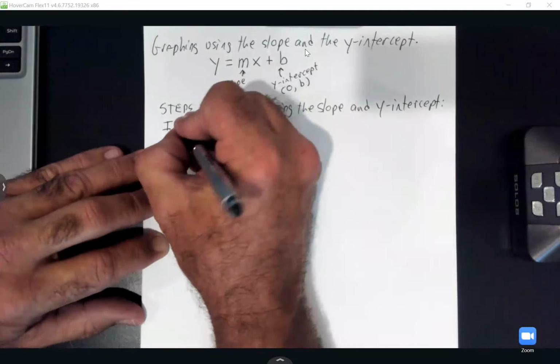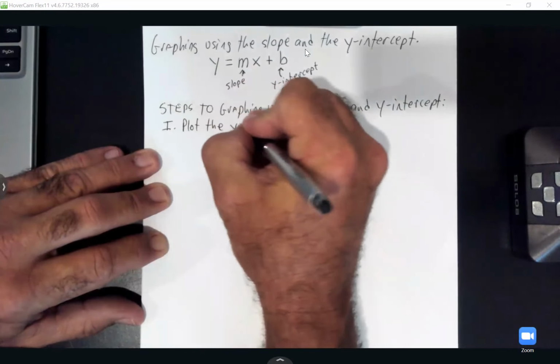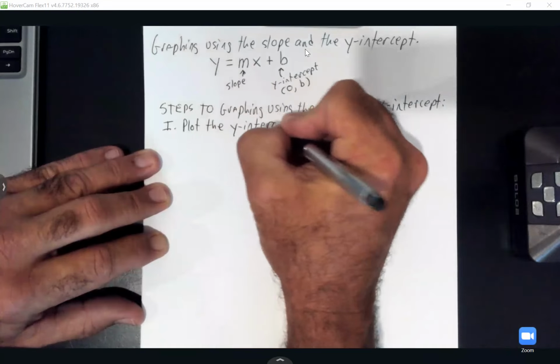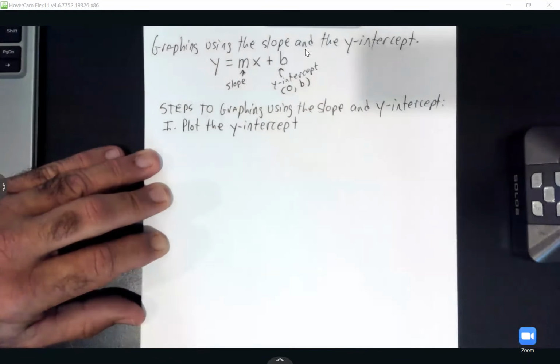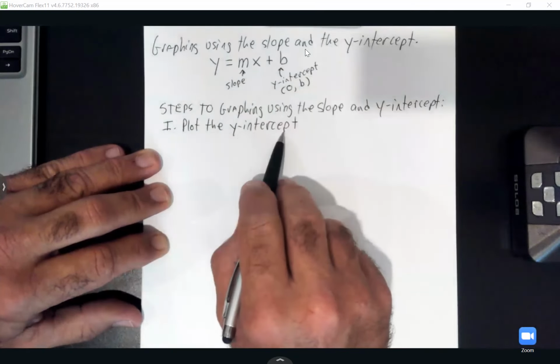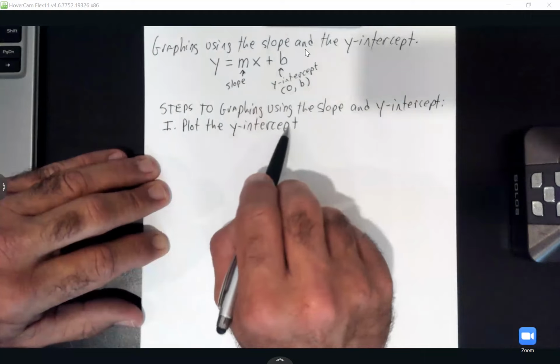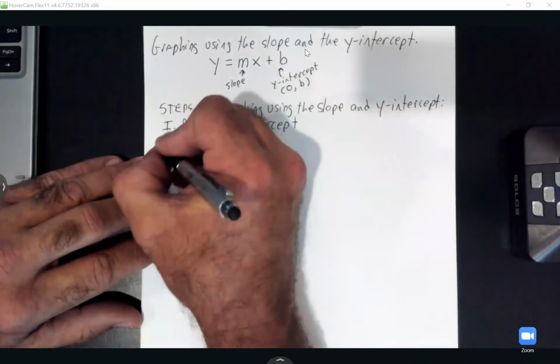So I'm going to plot the y-intercept, because they're giving it to me. So that's my first step. Plot that point.